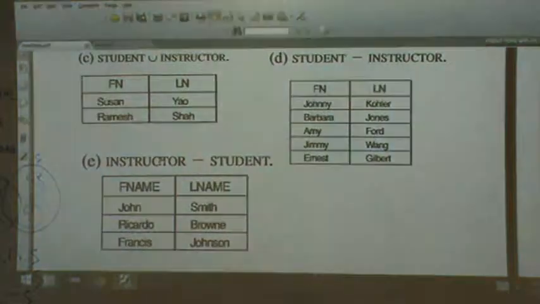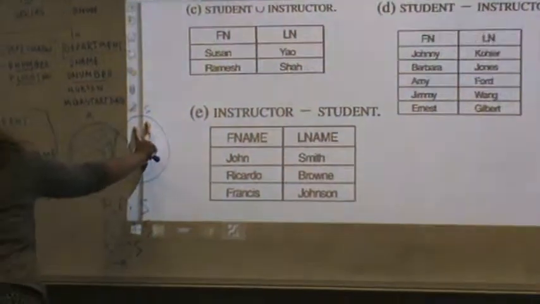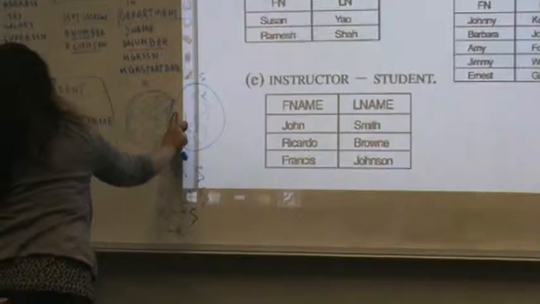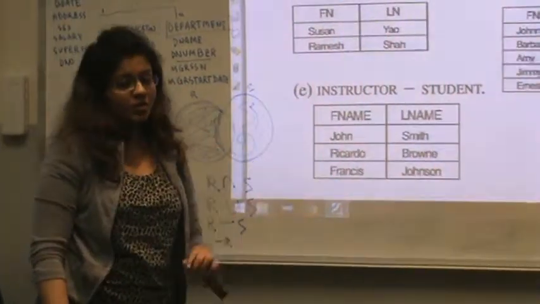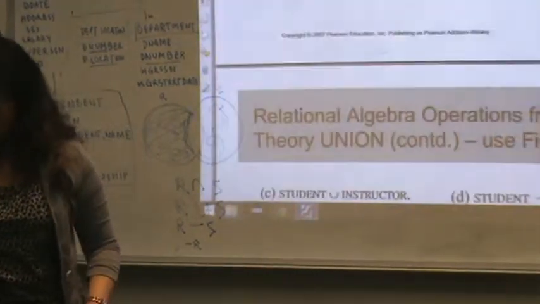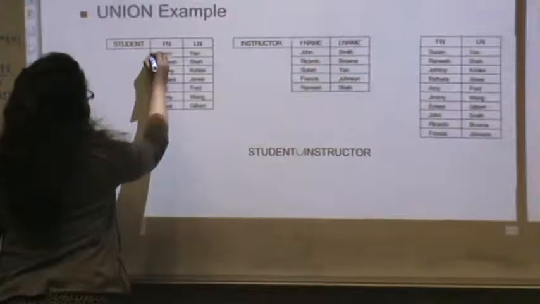And I think you also understand the minus operator from this portion: if it's r minus s, then this section. If it's s minus r, then this section. This whole common thing will be gone. So common means the row we just saw in the example here.